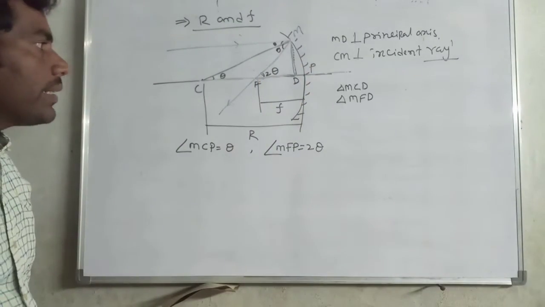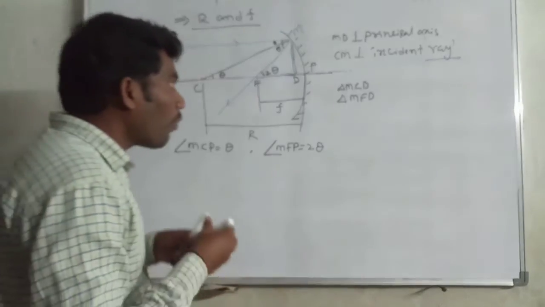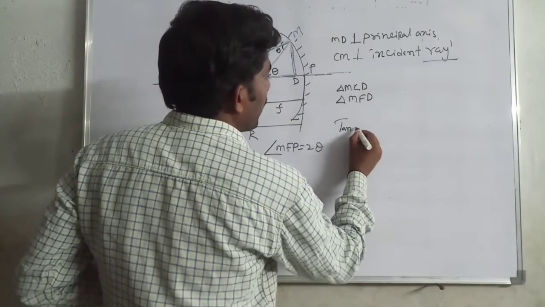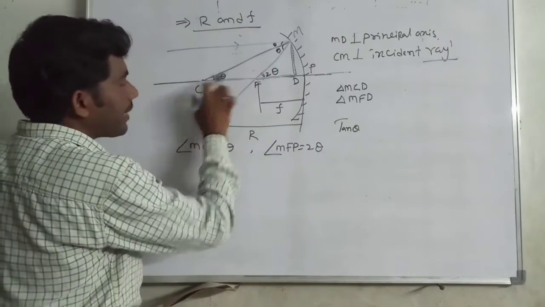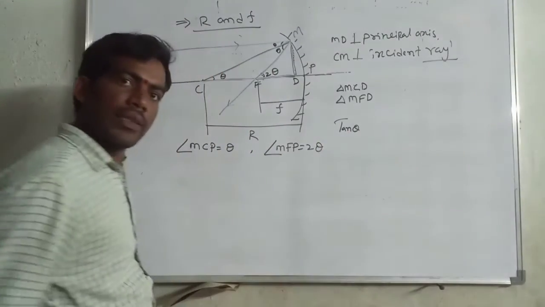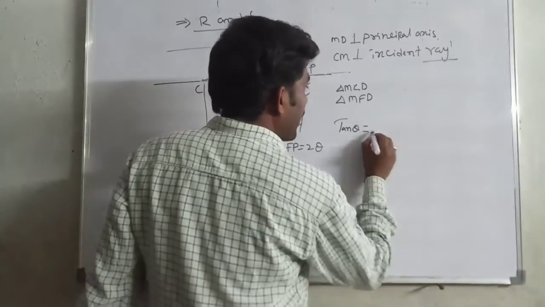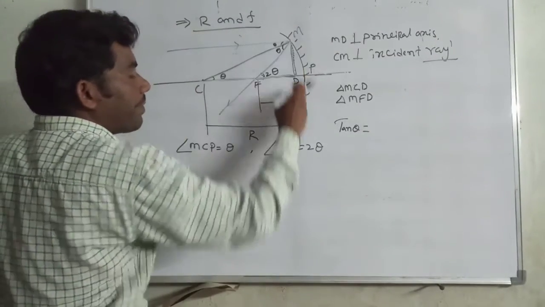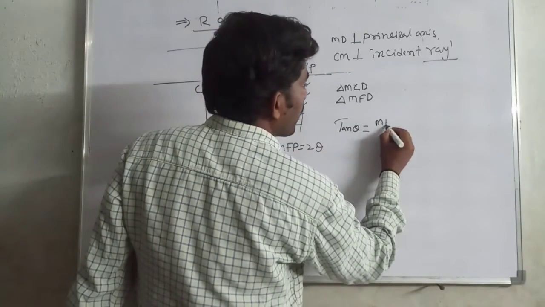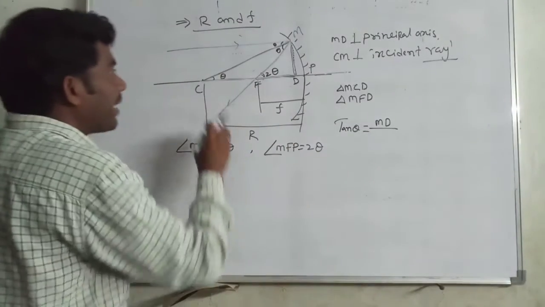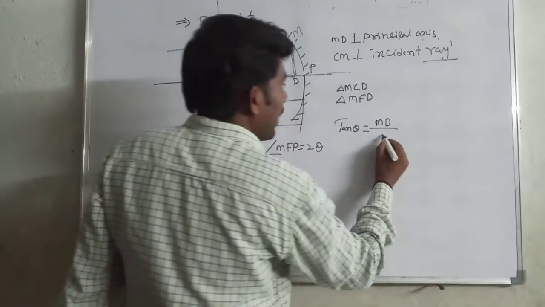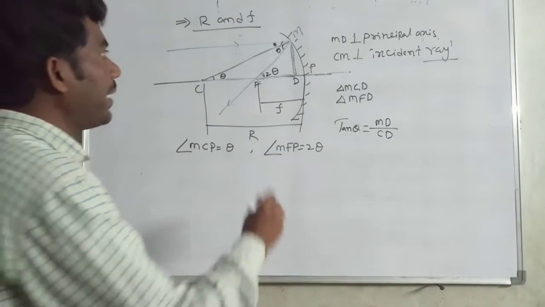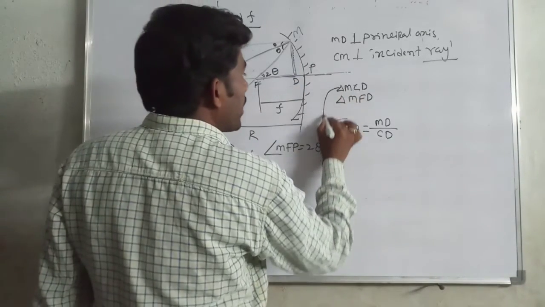If we take tan theta for MCD, the angle is theta. It is the opposite side, MD, by the adjacent side, CD.